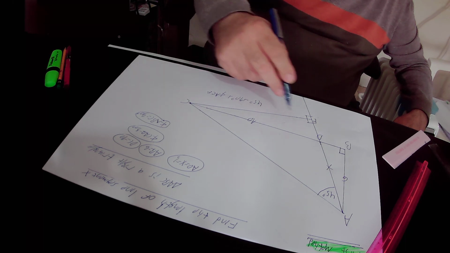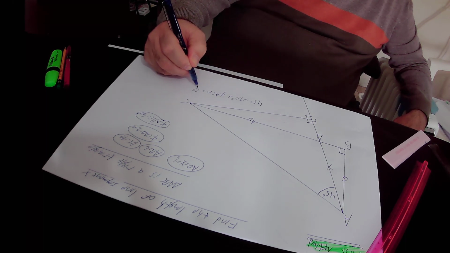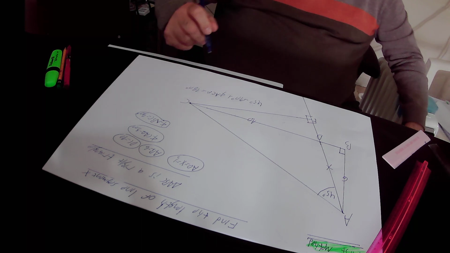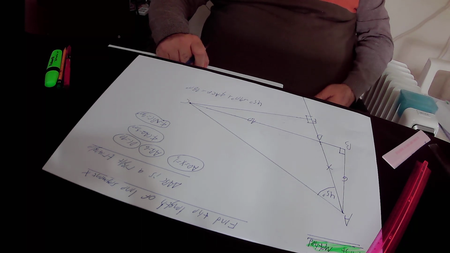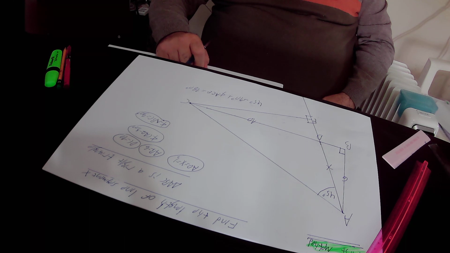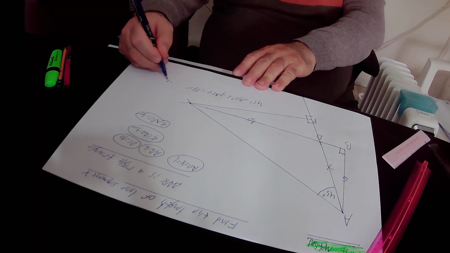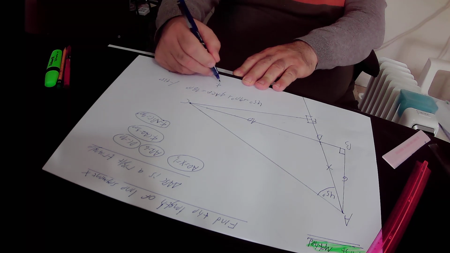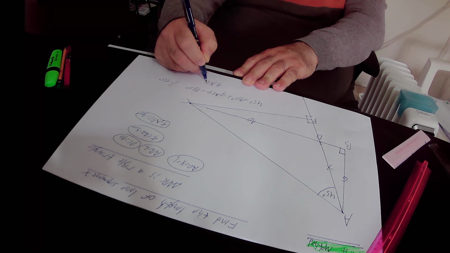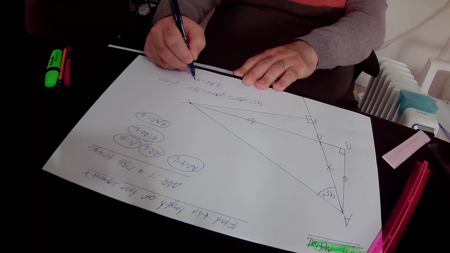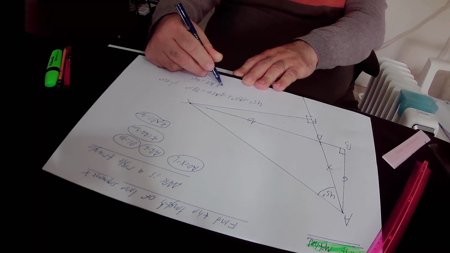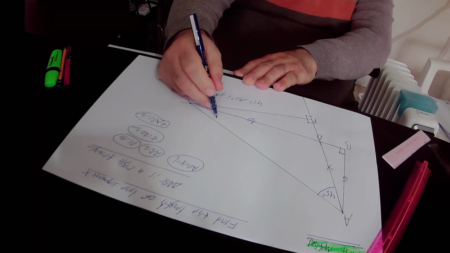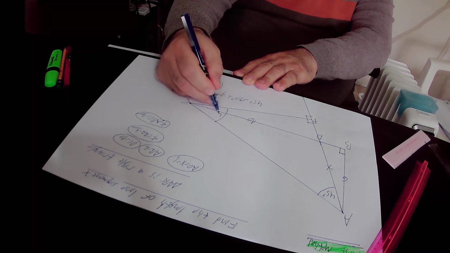The sum of those three angles must be equal to 180 degrees. So we subtract 135 degrees, and we get that the missing angle ACE is equal to 45 degrees. So this angle equals 45 degrees.